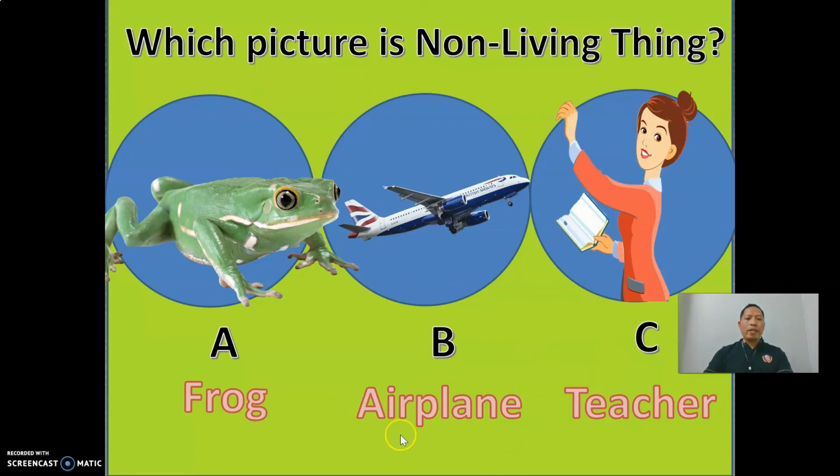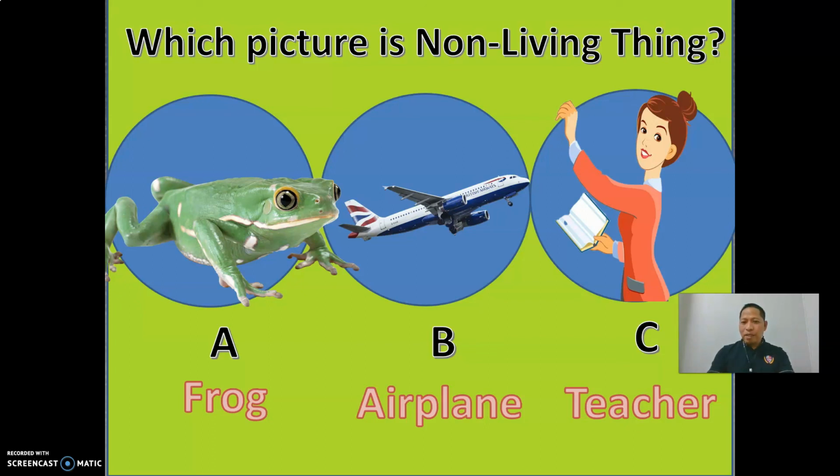Okay, which picture is a non-living thing? Which one is correct? Okay, who answered A? Raise your hand. Who answered B? Raise your hand. Who answered C? Raise your hand. If your answer is B, I hear you. You answered B, right?